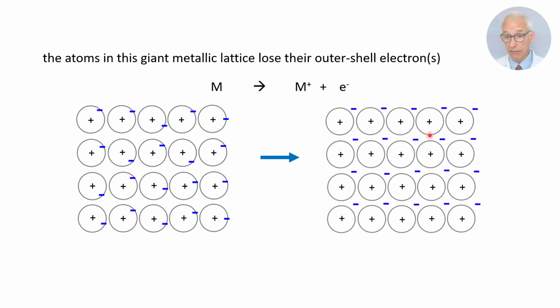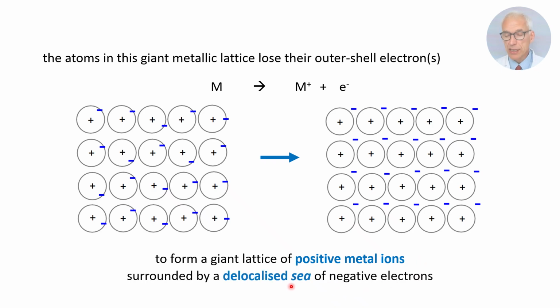So we now have a giant lattice of positive metal ions surrounded by electrons that are no longer located in the outer shell of a particular atom, but are able to move freely throughout the structure. So we have, to repeat, a giant lattice of positive metal ions surrounded by a delocalized sea of negative electrons.